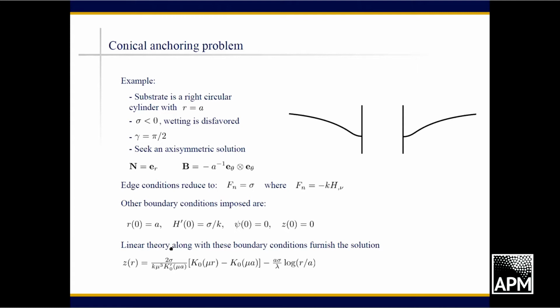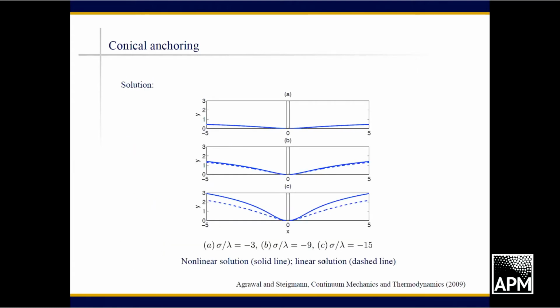And for an axisymmetric problem, the solution simplifies dramatically to this form. The linear solution I've just shown you is in the dashed line here. We can compare it to the nonlinear solution obtained numerically for larger values of sigma, which is effectively associated with increasing values of the transverse shear force.